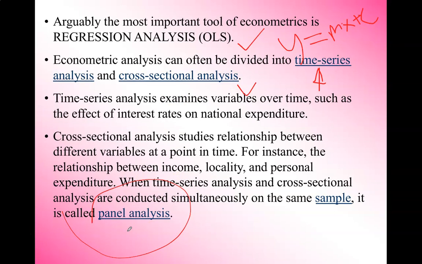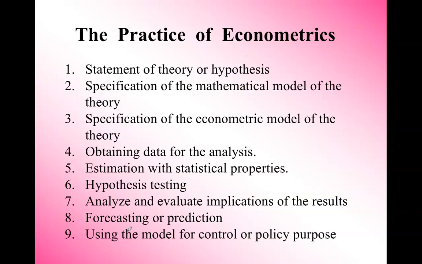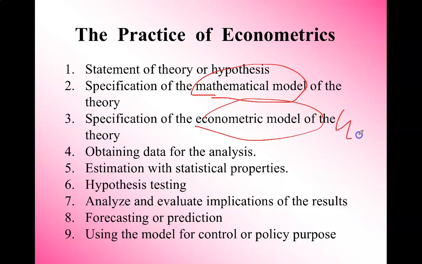Right? The focus of this, and this is the practice of econometrics. This is like steps, a rule of thumb. We have a theory, a statement, then we specify the mathematical model, like the one built for demand just now, quantity demanded, and then you specify the econometric model, where you add the error term. Why add the error term?